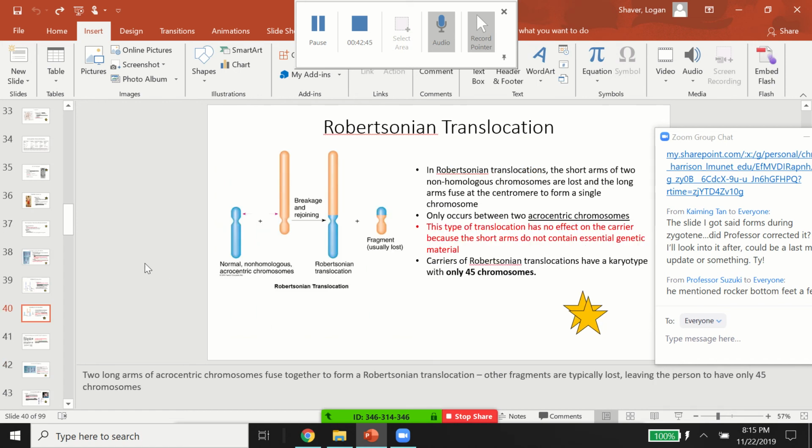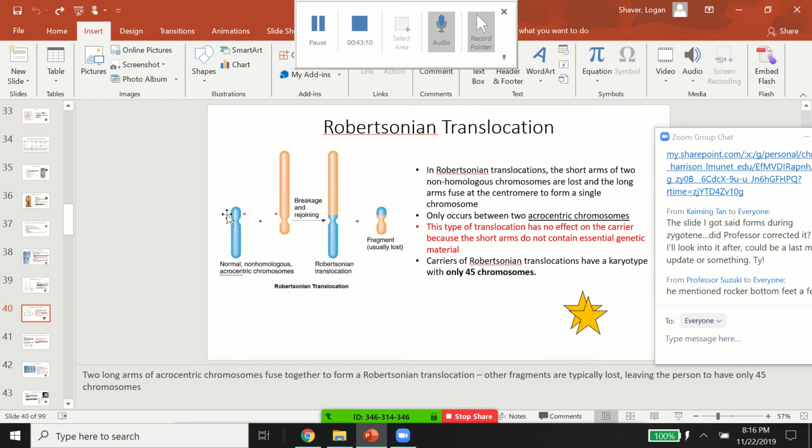So Robertsonian translocation. This is a little different than what you typically think of with a translocation because it's just a little odd. In a Robertsonian translocation, the short arms of two non-homologous chromosomes, so chromosomes that aren't typically paired together, are lost, and then the long arms fuse together.